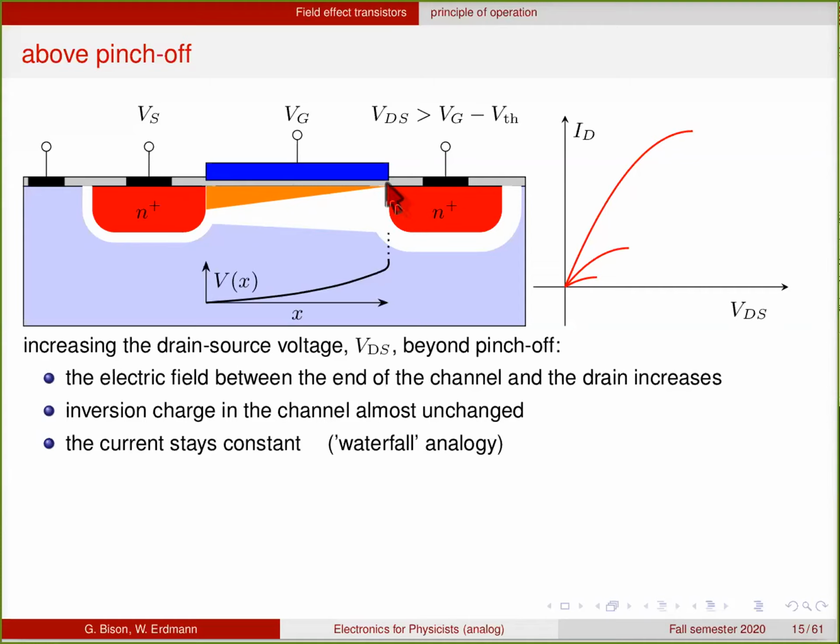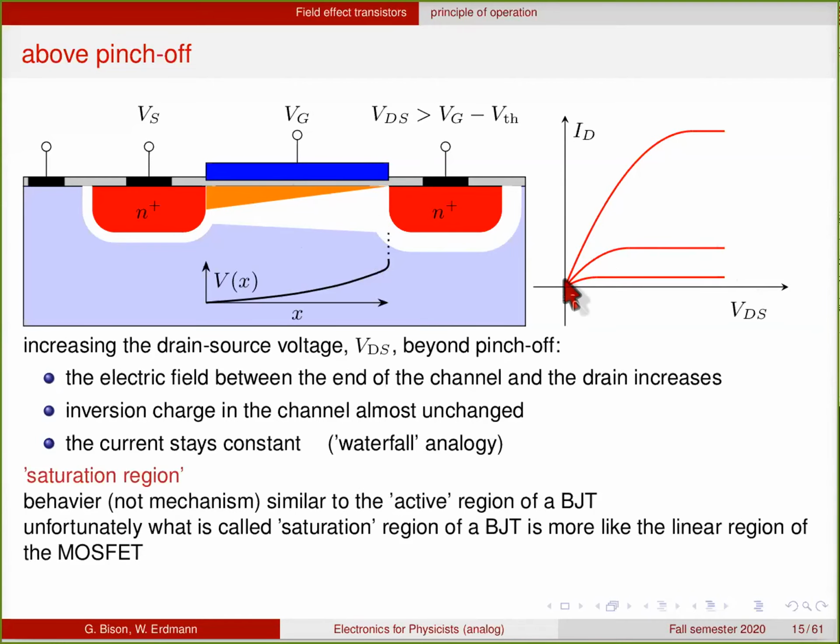And then once you reach this, it doesn't really matter how far down you fall, the current will remain constant. So this is shown in these curves here. Once you reach the saturation, the current will no longer increase. This region is therefore also called the saturation region, where the currents are constant. The behavior of this transistor in this region is similar to the active region of the bipolar.